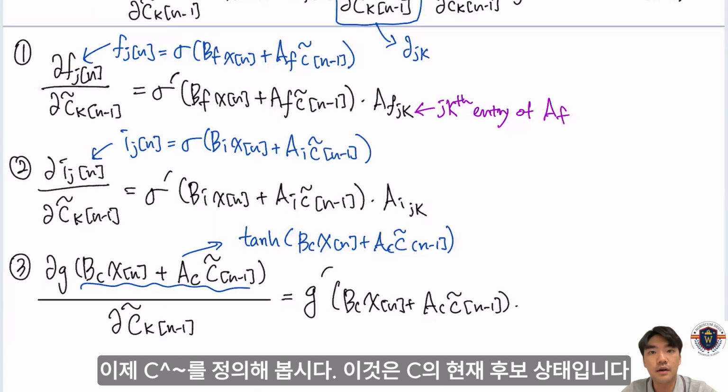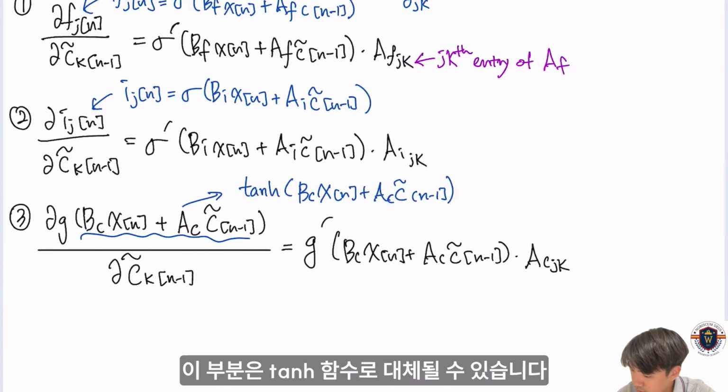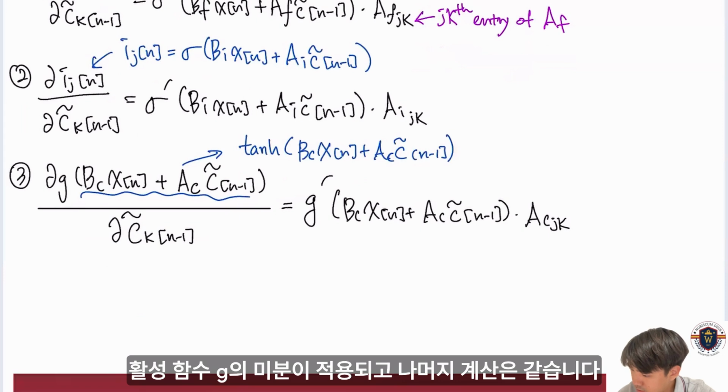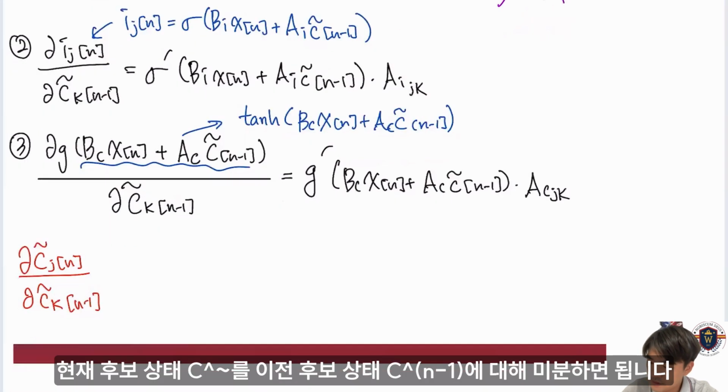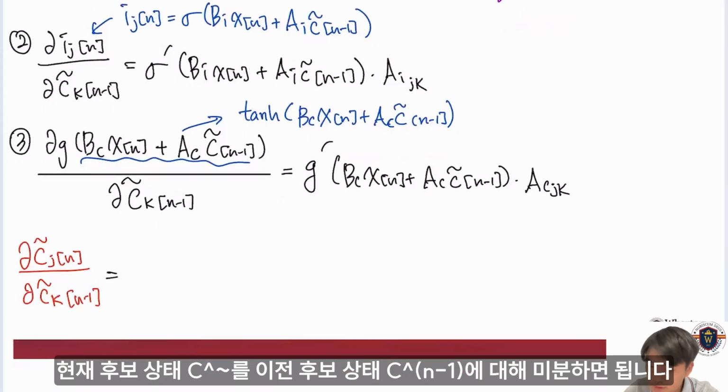The derivative of the activation function G, and everything stays the same here, B C Xn plus A C C tilde n minus 1, multiplied by the jkth entry of the matrix A C. Now let's combine all these derivatives into the main equation that we wanted to solve: the partial derivative of Cjn with respect to Ck, the previous state n minus 1. This is what we were trying to solve initially.